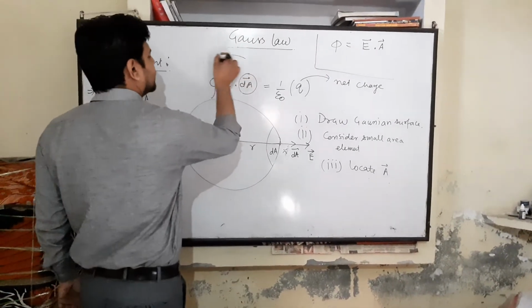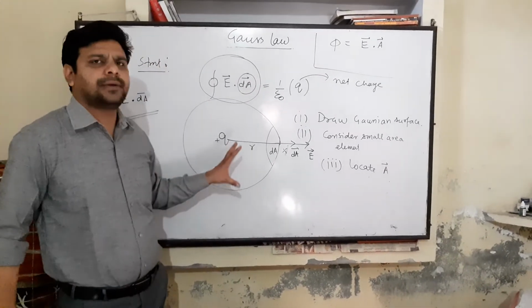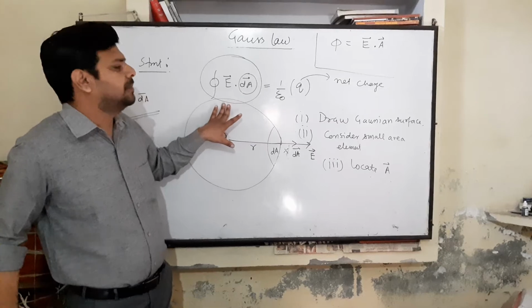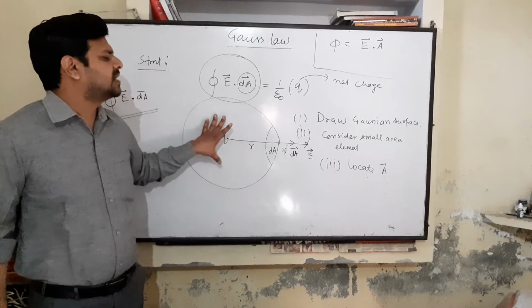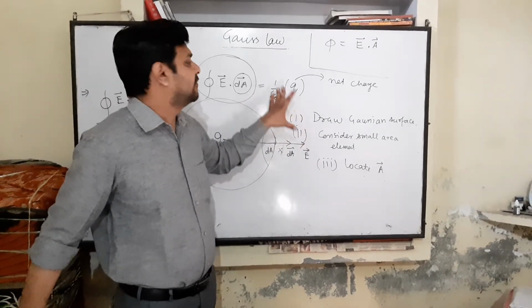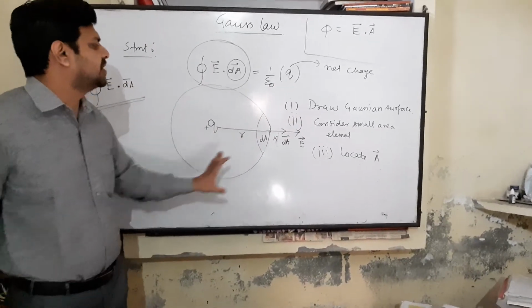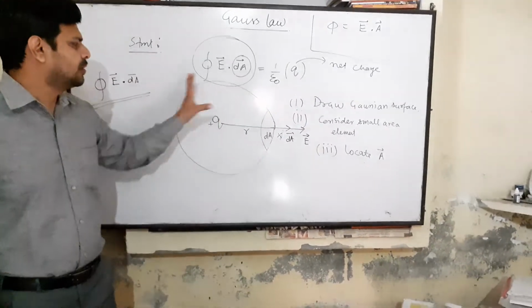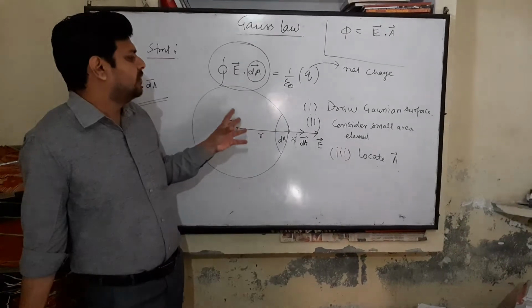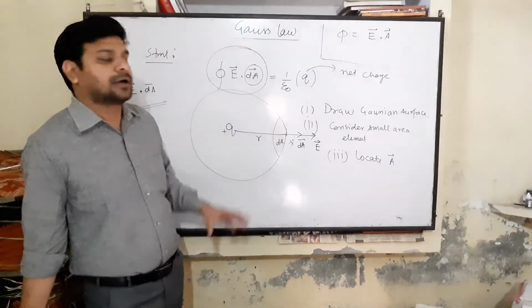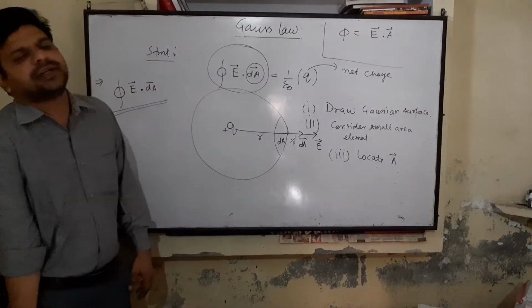This term is the total flux passing through a given Gaussian surface, equal to 1 over epsilon naught times the net charge enclosed within this Gaussian surface or closed surface. One thing should be remembered: the Gaussian surface will always be closed. A closed imaginary surface is called a Gaussian surface.